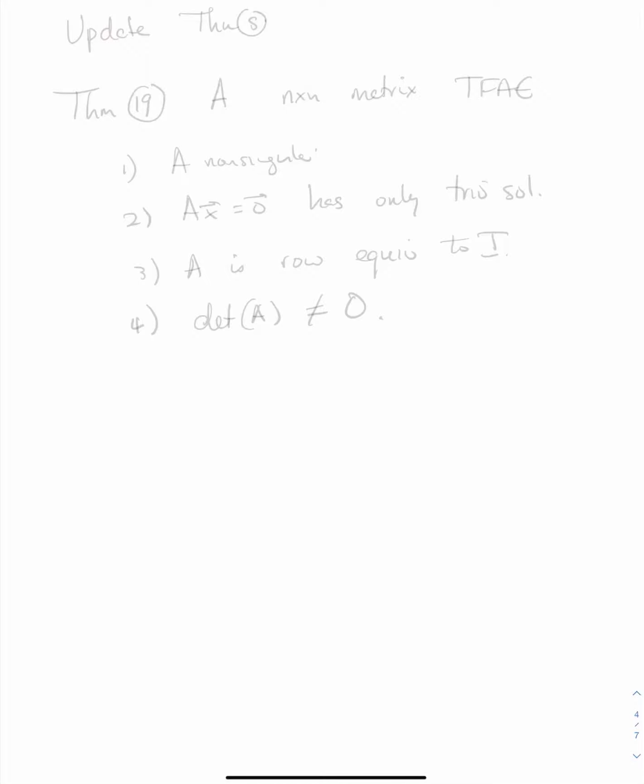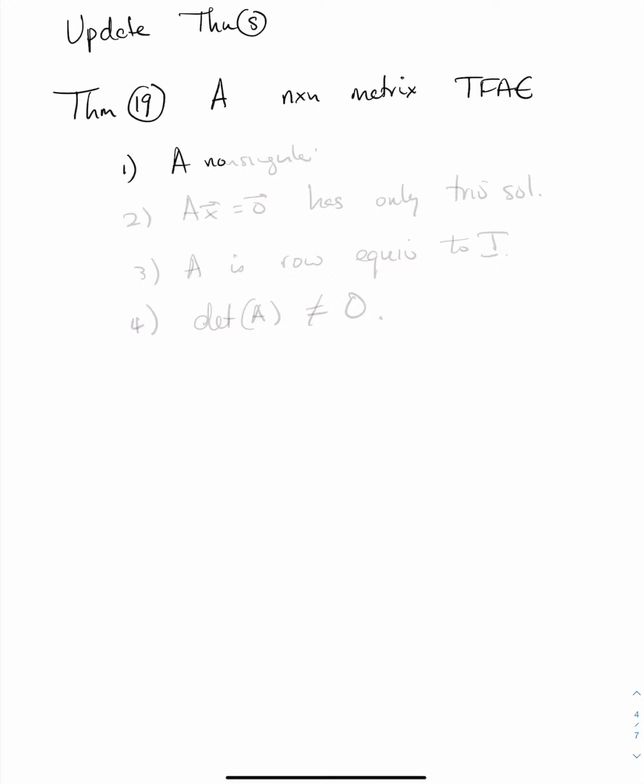Putting this all together, we can now update Theorem 5. Theorem 19. A is an n by n matrix. Then the following are equivalent. 1.